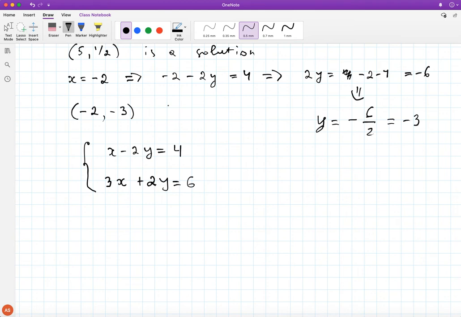For example, let's notice that in this system, the first equation contains the y term negative 2y. I'm going to highlight it in yellow. In the second equation, the y term is positive 2y. So if I add the first and the second equations together, then the y terms will cancel out.